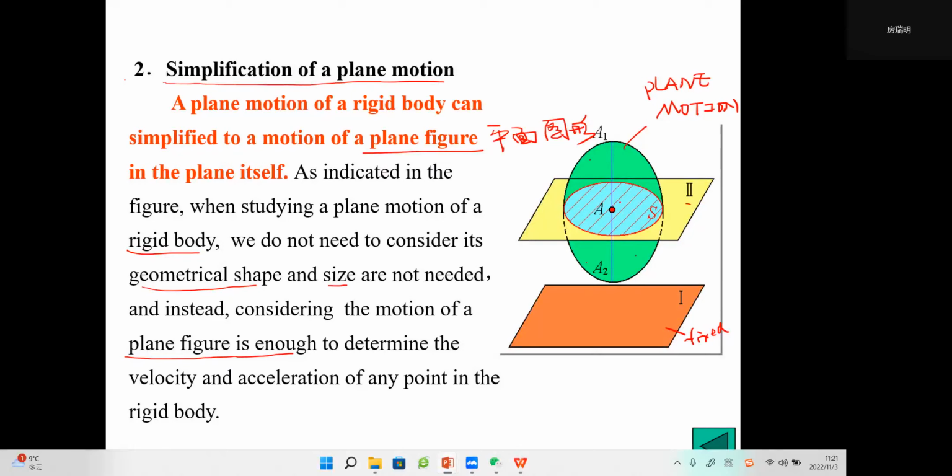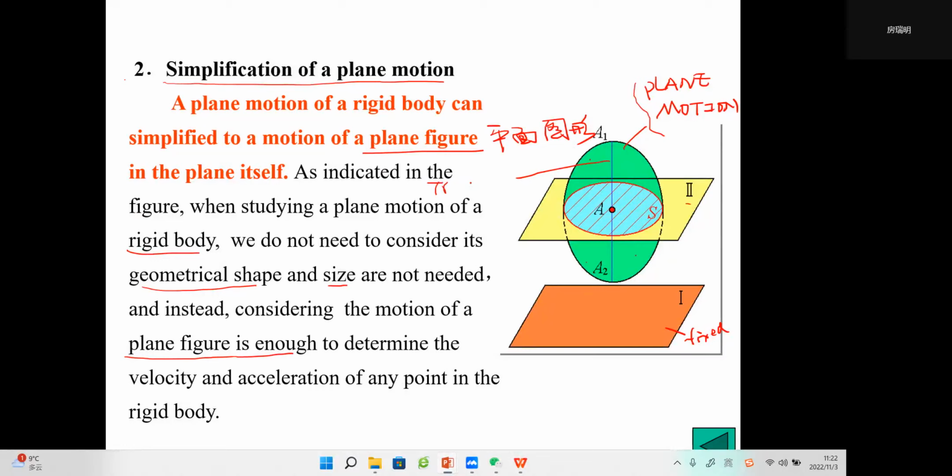If I arbitrarily select a point A on this section figure, and I draw a vertical line A1 to A2, although this green rigid body has a plane motion, the motion of this line A1 to A2 will be translational.